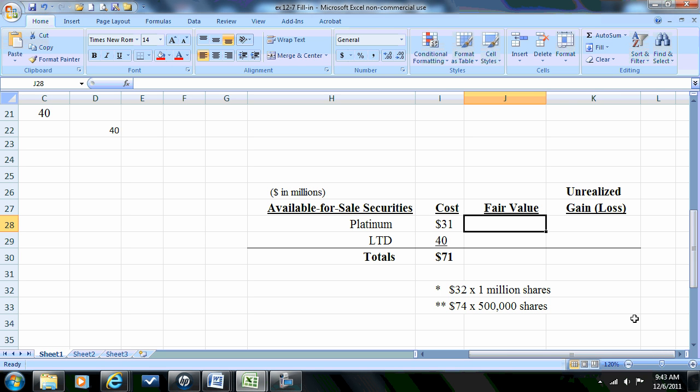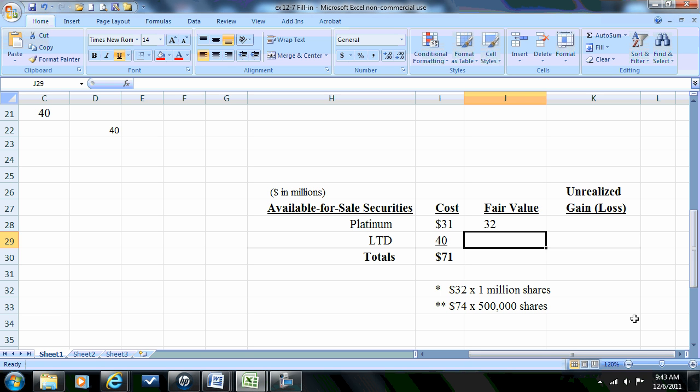We check the market and we see that the Platinum stock is currently selling for $32 a share. We own 1 million shares, so the fair value of that investment is going to be $32 million. We see that the LTD shares are currently selling for $74 per share.